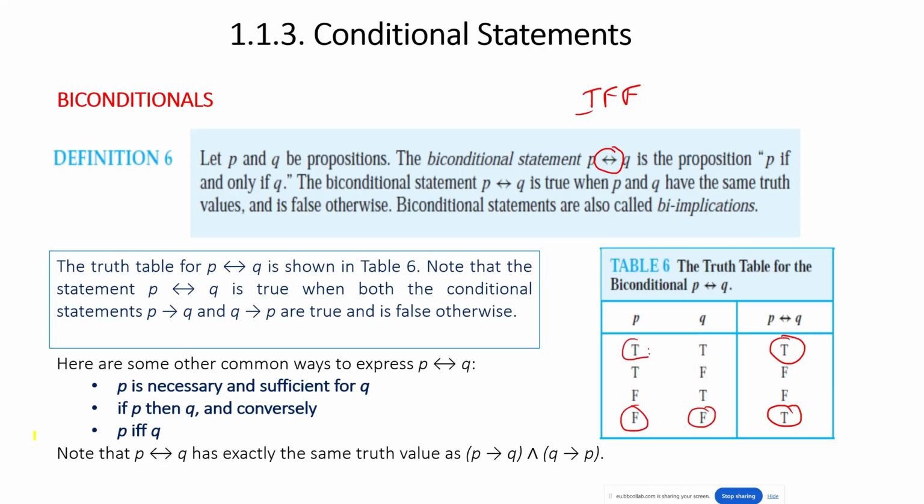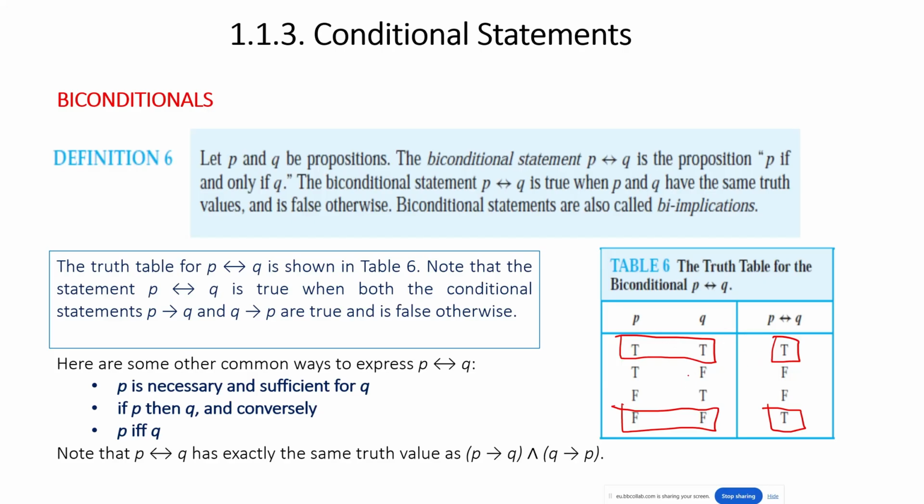If both of them are true or both of them are false, if they have the same value, then this is going to be true. If not, it's going to be false. So if one of them is different than the other, it's going to be false. If they are the same, it's going to be true. This is called the biconditional.